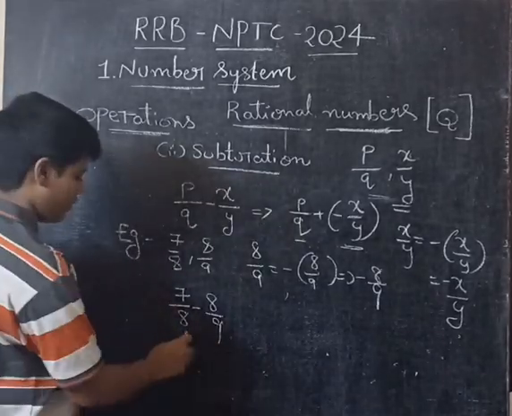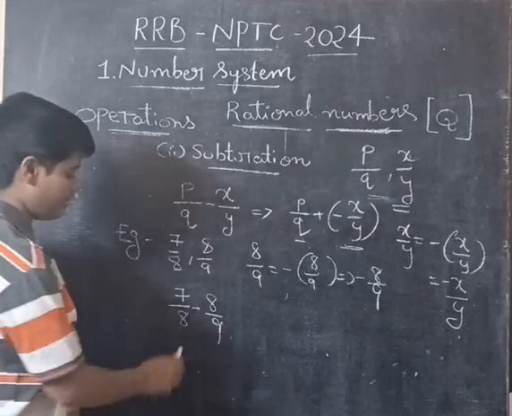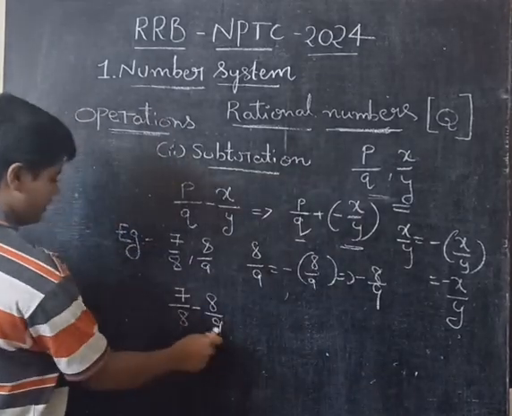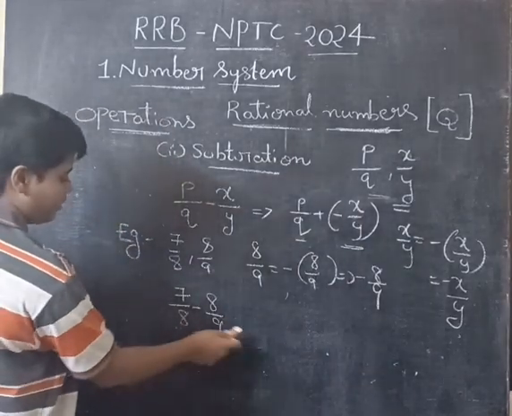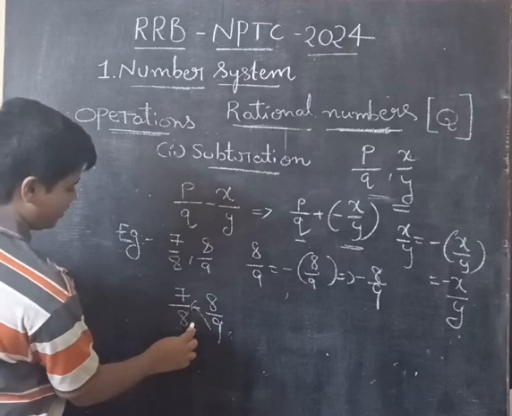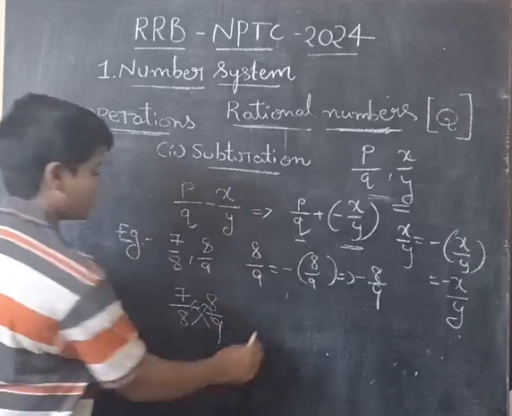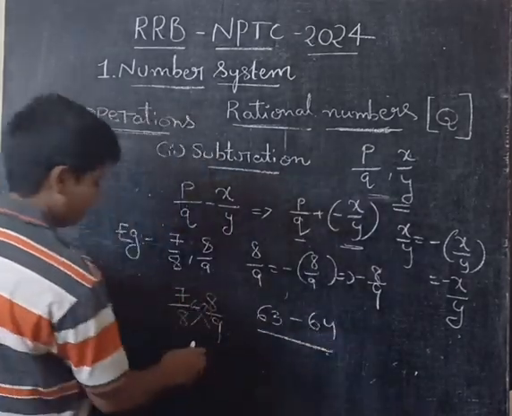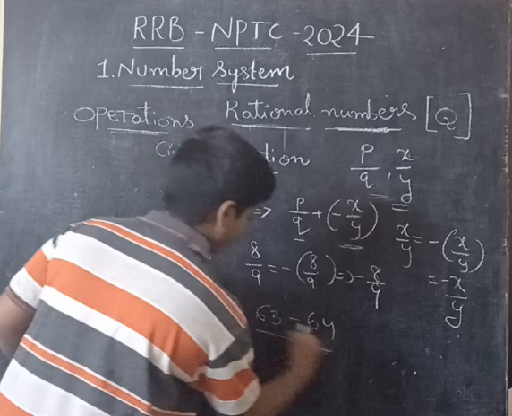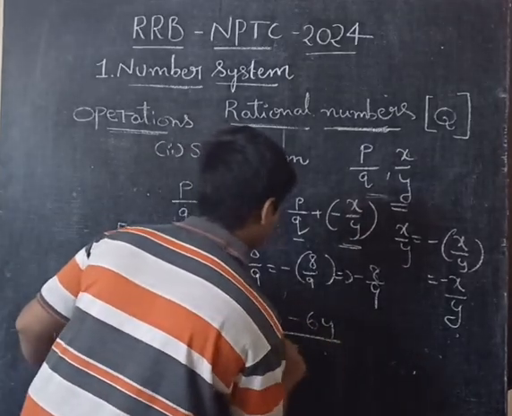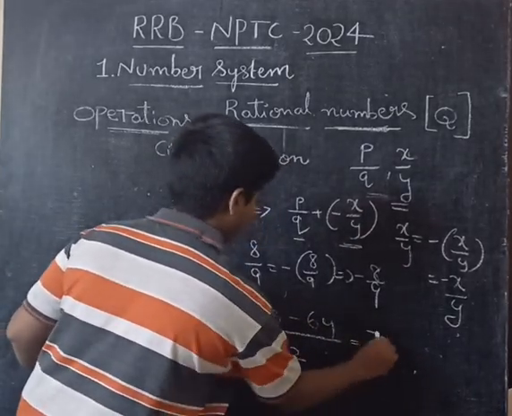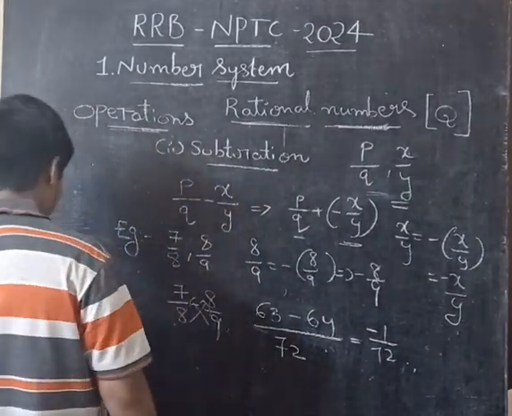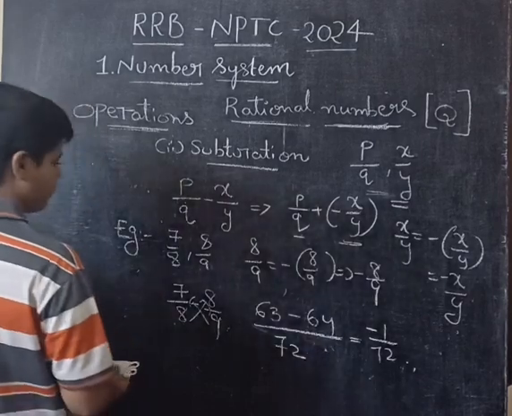If there is no common factor in the denominators, we can do cross multiplication instead of taking the LCM. 7 nines are 63 minus 8 eights are 64, by the multiplication of these two denominators, 72. So the answer is minus 1 by 72. Like this also we can do. So this is the subtraction.